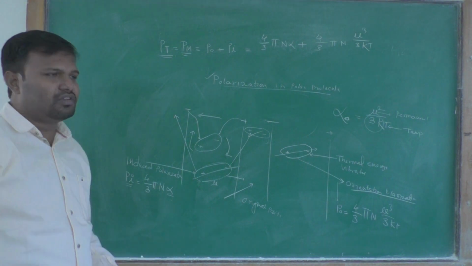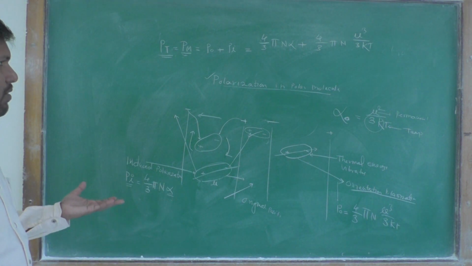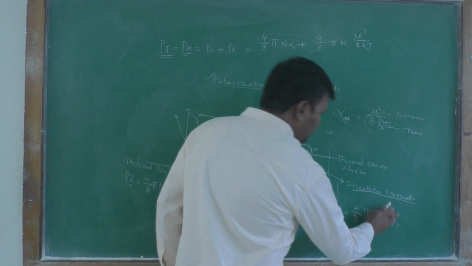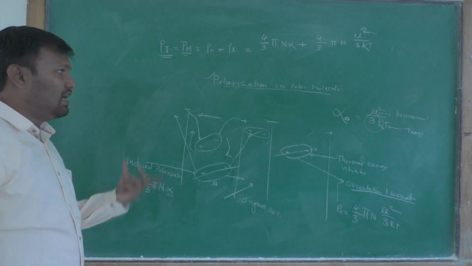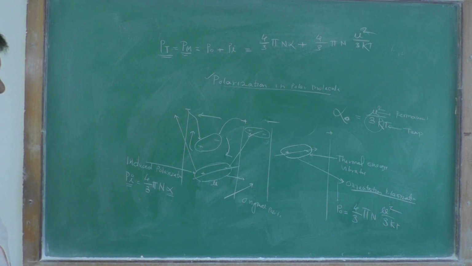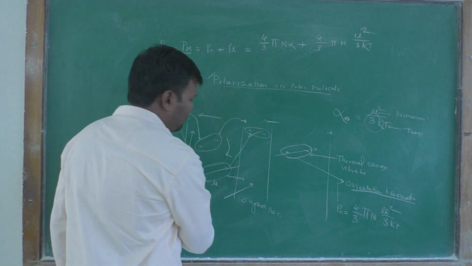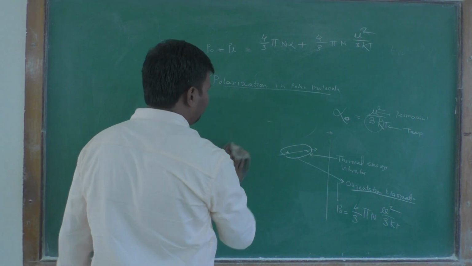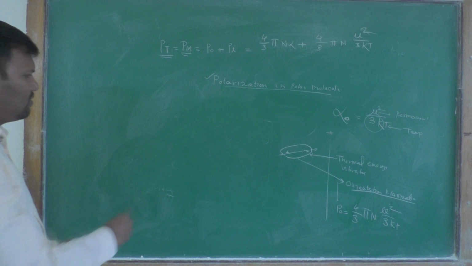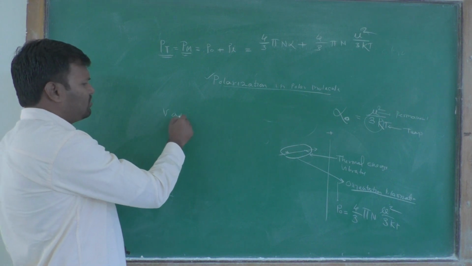Remember, it is mu square. That equation we use to find the dipole moment by using the vapor temperature method.